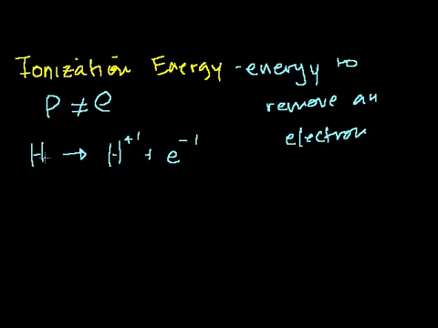And now what we have done in this procedure or this reaction is we've ionized hydrogen, we've removed an electron, and in this case, this type of ion that hydrogen is, where your protons are greater than your electrons, and this is just a nice word to know, this is called a cation. A cation is an ion with a positive charge.